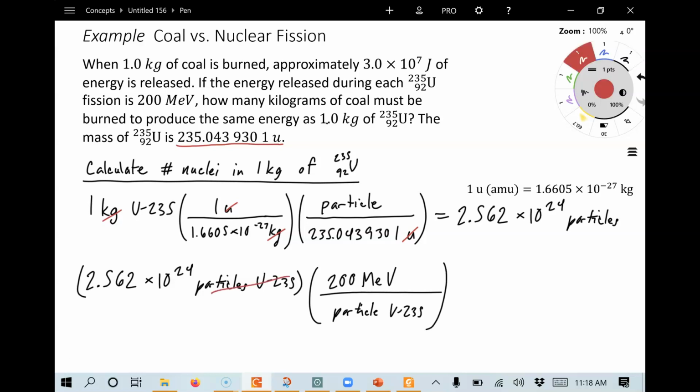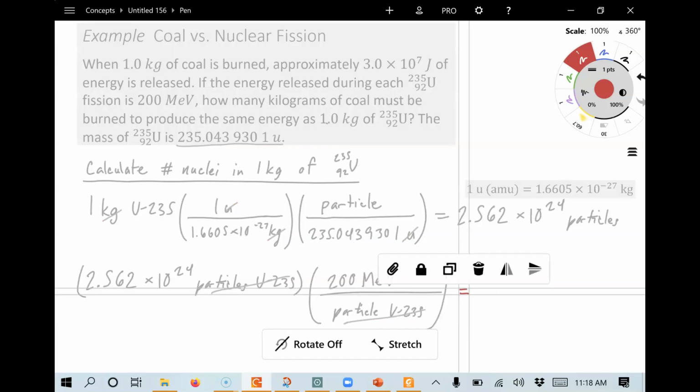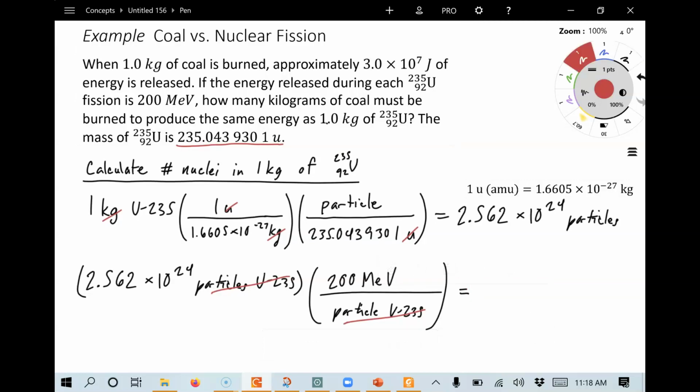Of course, we're going to cancel our particles out, and we're going to end up with the total energy released if you fission completely 1 kilogram of uranium-235, which comes to 5.124 times 10 to the 26 mega electron volts.